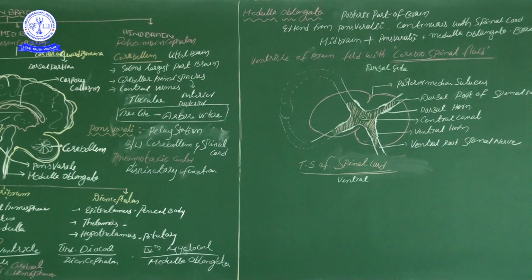Here is a very important statement we want to remember. The midbrain, the second part of the brain, the pons varolii, the second part of the hindbrain, and the medulla oblongata, the third part of the hindbrain. The combining of these three structures forms the one base of the brain, which we call the brain stem.